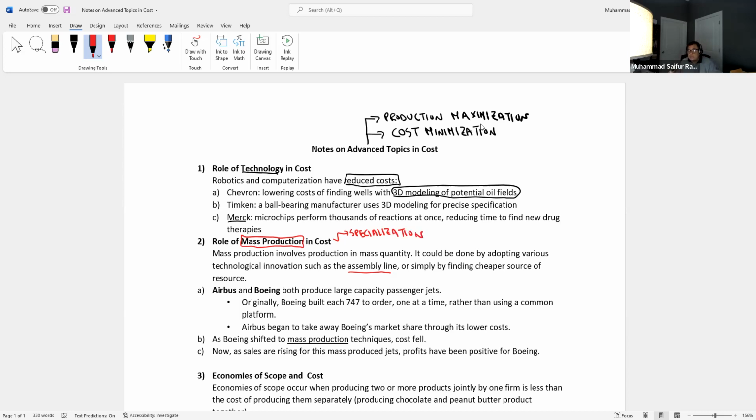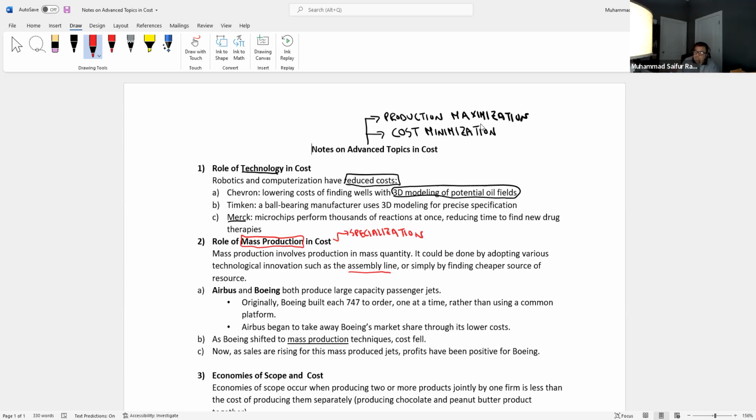So in an assembly line, each worker does just one job, and because of this specialization, labor hours go down. A worker becomes more productive. When a worker becomes more productive, that automatically reduces the cost of production.